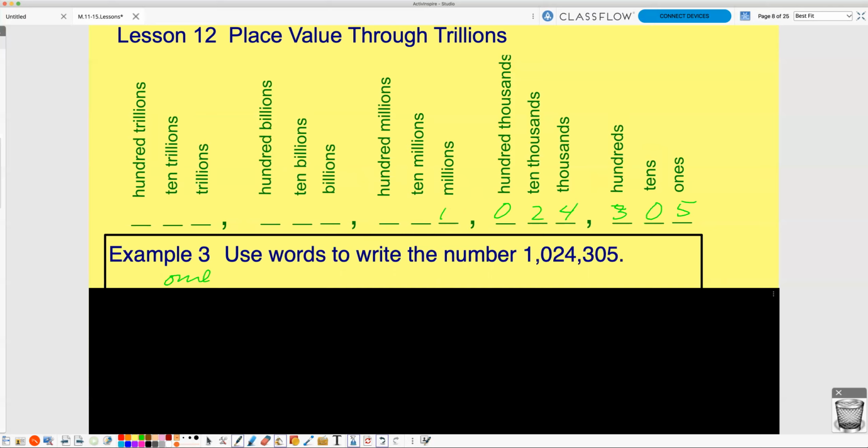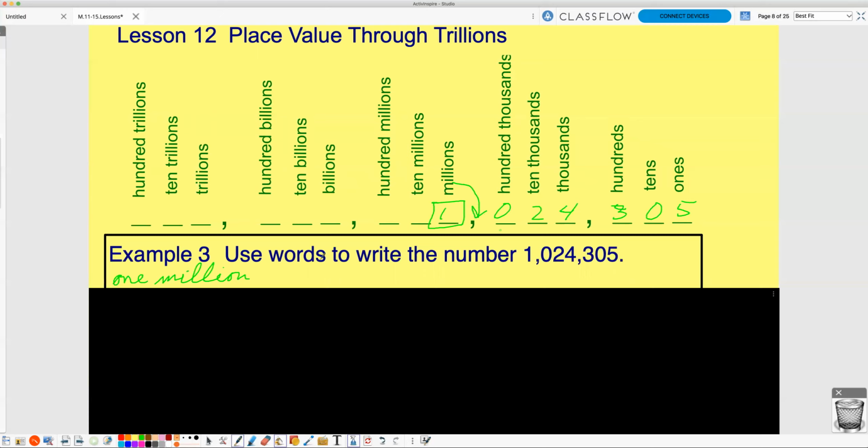Let me do that a little bit better. 1 million. And my N turned into an M. Man, I need to practice using my little digital writing tool here. 1 million. There you go. This is 1 million, and that comma signifies million.